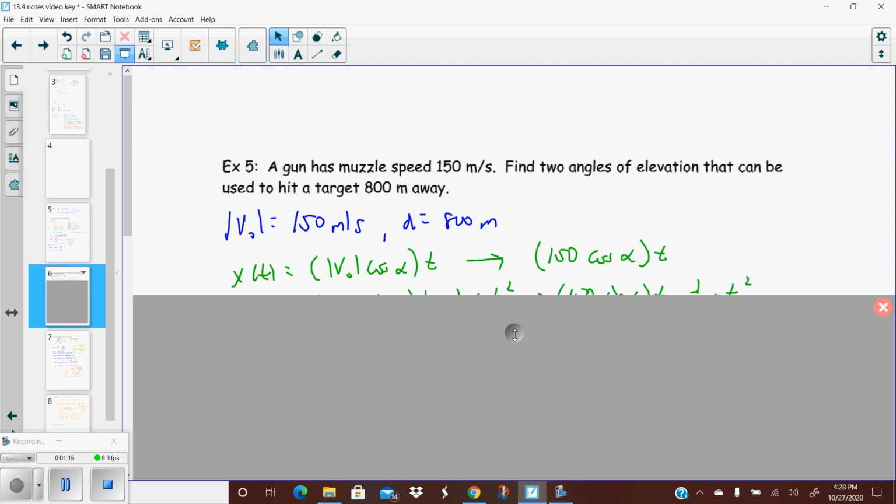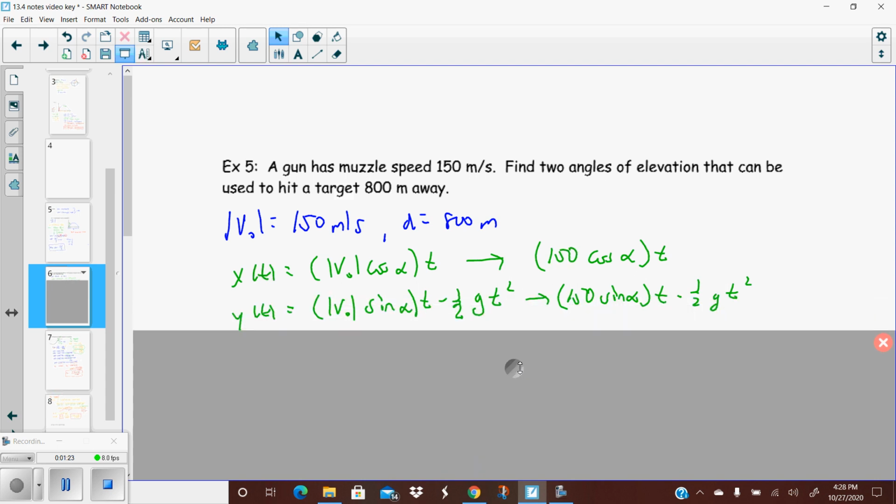In our case, the magnitude of the initial velocity was 150, so we're substituting that in right here. And then we know that the y distance can be written as magnitude of the initial velocity sine of alpha times t minus 1/2 gravity times t squared. And again, we know that our initial velocity is 150, so we substitute that in.